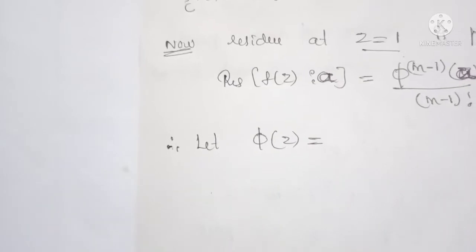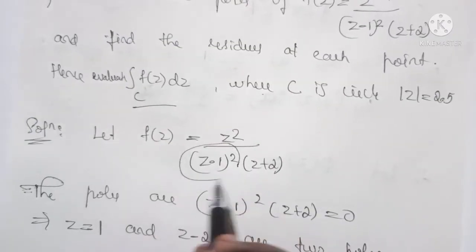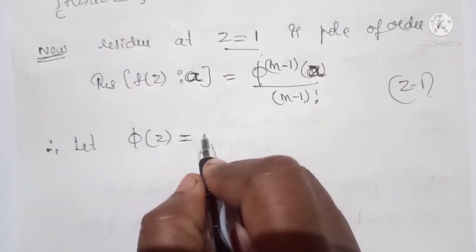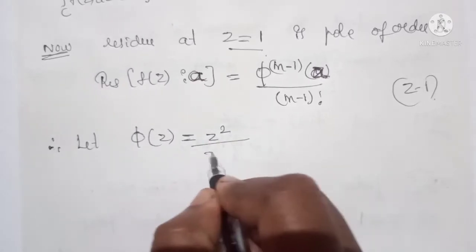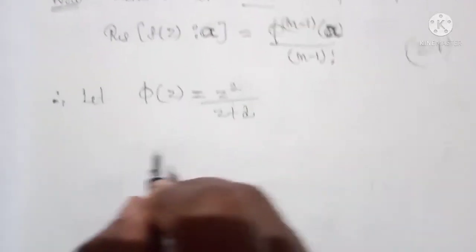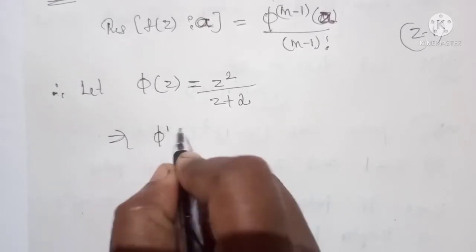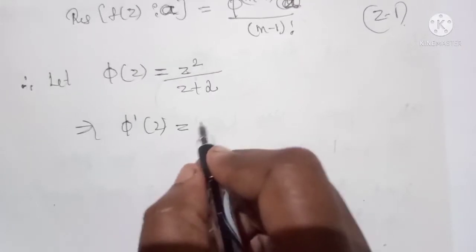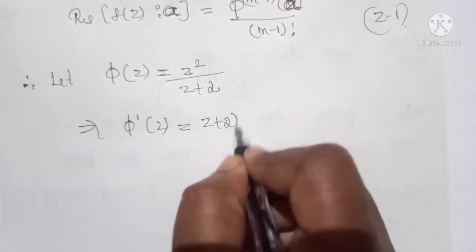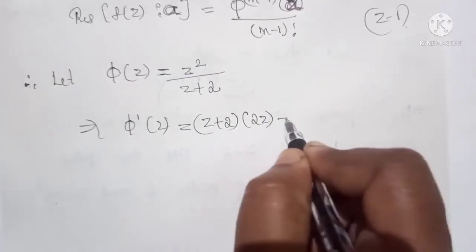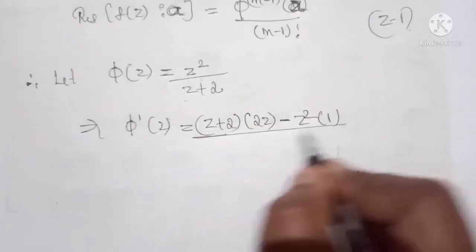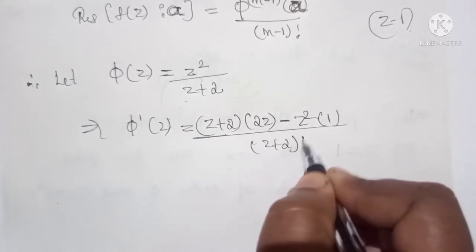In this, we consider z square divided by z plus 2 as phi of z. Then we require phi dash of z. Differentiating by applying the u by v rule, we get (z plus 2) into 2z minus z square, as the differentiation of z plus 2 is 1, divided by (z plus 2) whole square.